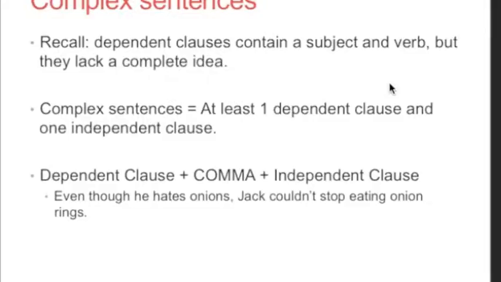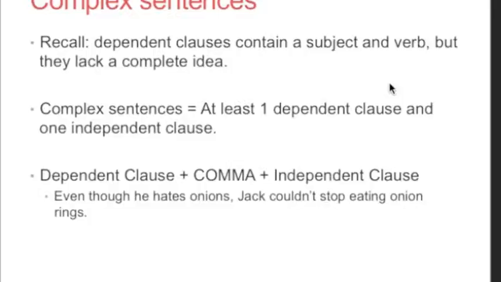Okay, so a complex sentence is made up of one dependent clause and one independent clause. And the way that you structure those in the sentence changes the comma placement. So if you begin with the dependent clause and then lead into an independent clause, you separate the two with a comma. So there's the formula right there for you. And I have an example sentence. Even though he hates onions, comma, Jack couldn't stop eating onion rings.